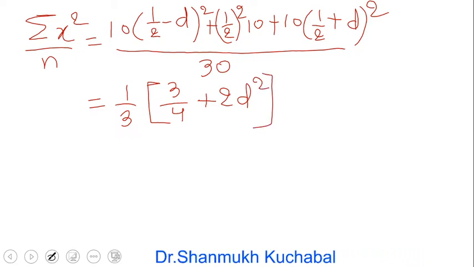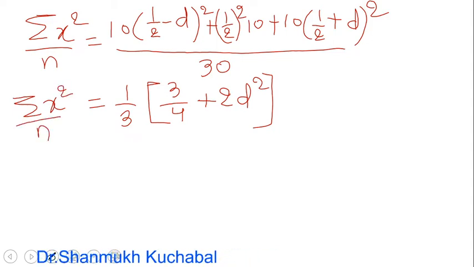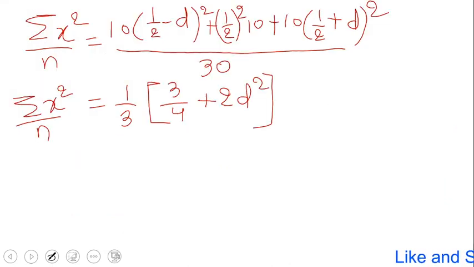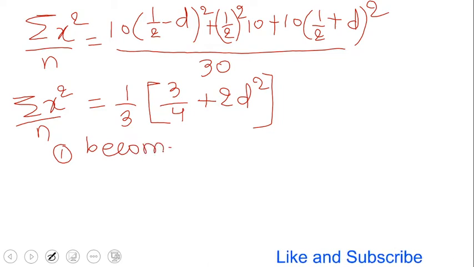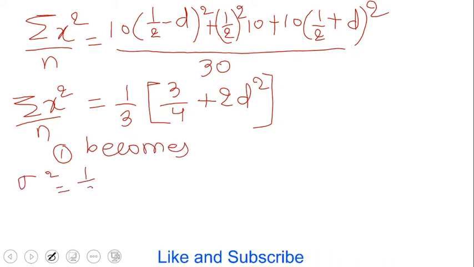Now this is the solution for the summation of x^2 divided by n. Now we will substitute the summation of x^2 by n and the mu value in equation number 1. So equation 1 becomes sigma^2, the variance, equal to 1/3.